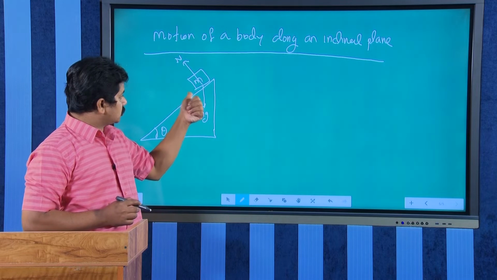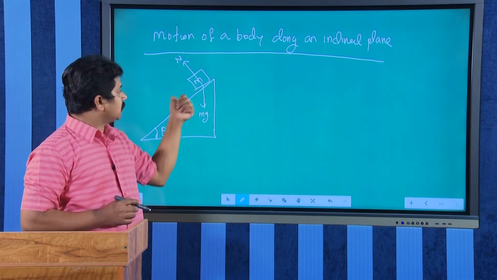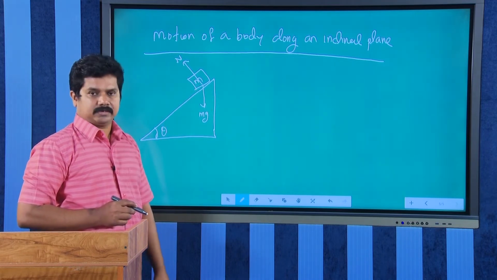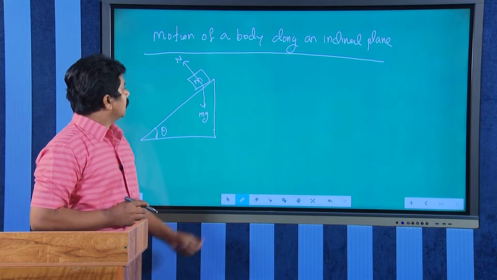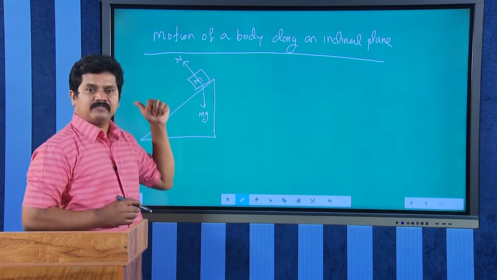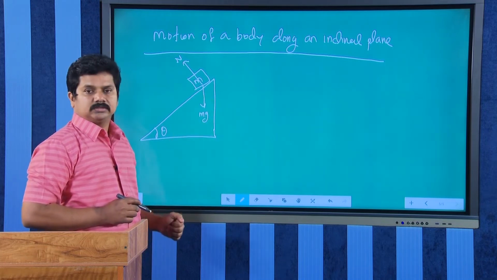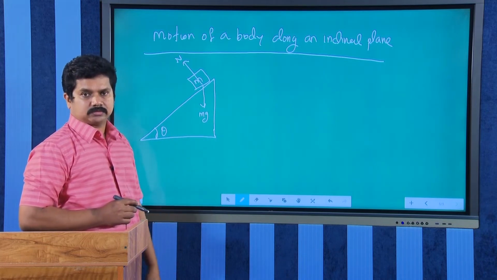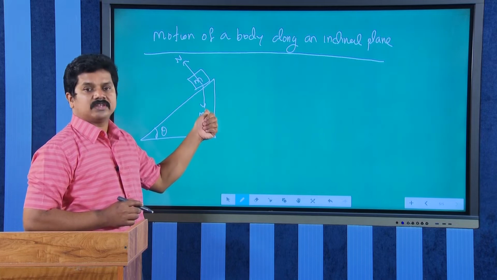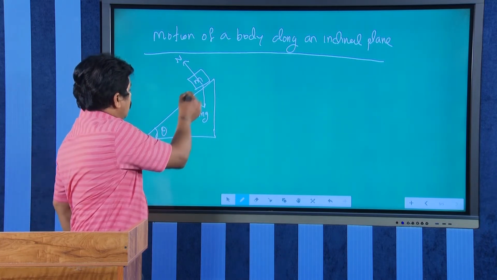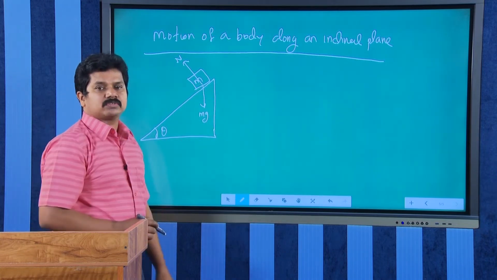Okay. We can resolve these forces along the plane and perpendicular to the plane. Okay. Now, this normal reaction is anyway already perpendicular to this plane. This mg is vertically downward. Okay. We can resolve this mg along this plane and perpendicular to this plane.